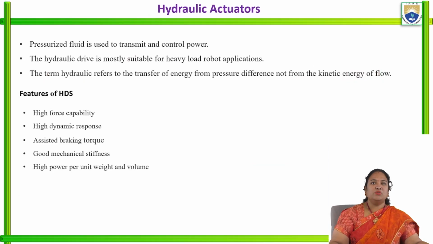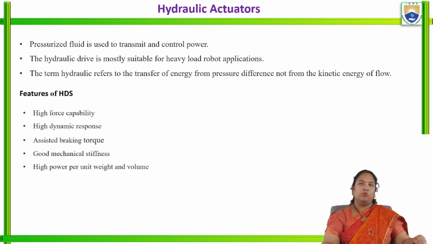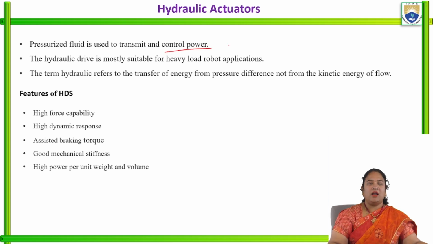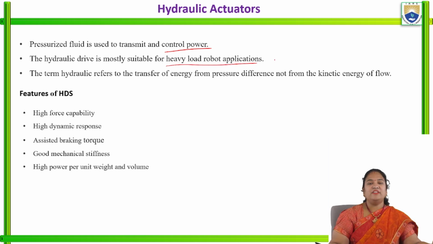Now coming on to the features of the hydraulic actuator. What is the use? What are the requirements? The hydraulic cylinder is used to pressurize the fluid to transmit control power. This device is mainly suitable for heavy load robot applications, wherever high load applications are to be done.